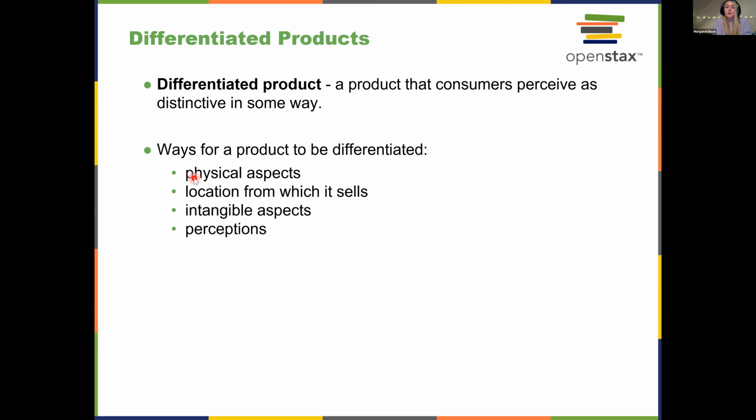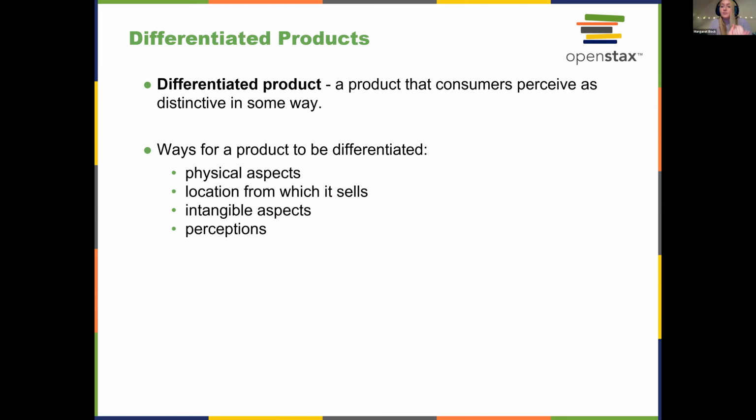So it could be the physical aspects of the good. It could be the location from which this good is sold from. There could be some intangible aspects of the product that make it slightly different from one firm to the next. Some examples of intangible aspects would be maybe one business offers a satisfaction guarantee or your money back type deal.